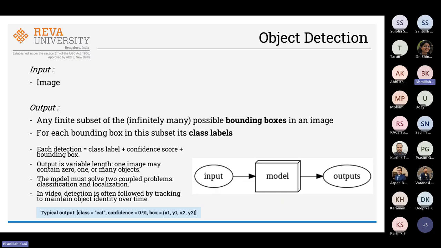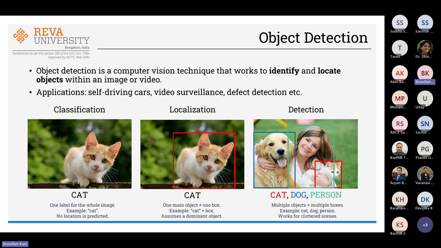Each bounding box will have 2 things. One, the coordinates of the bounding box. We'll see how a bounding box is represented in upcoming slides. Two, it will tell you what object that bounding box is associated with.